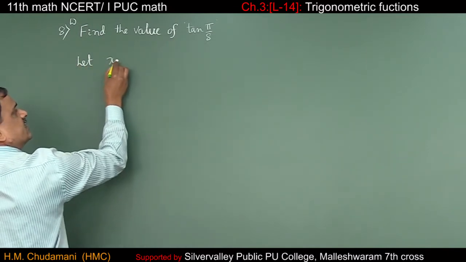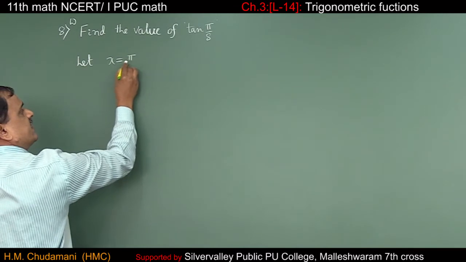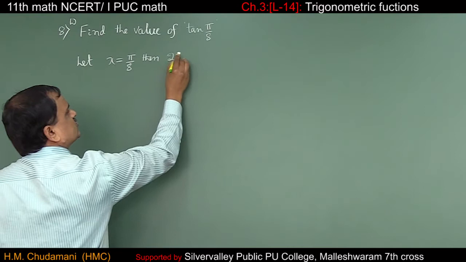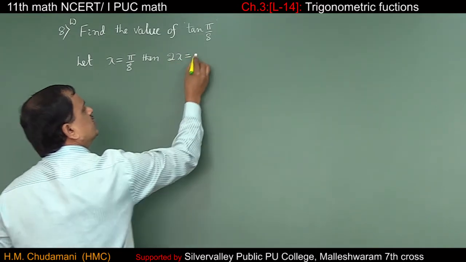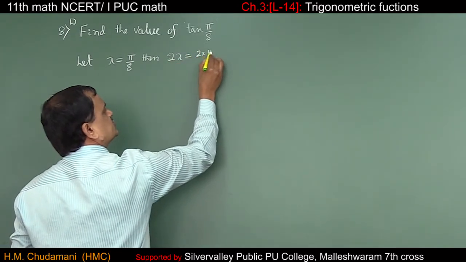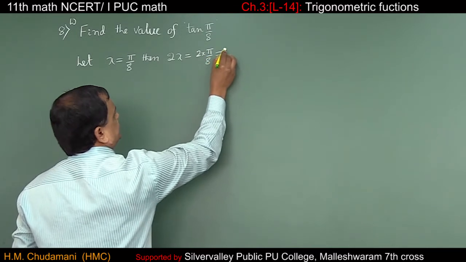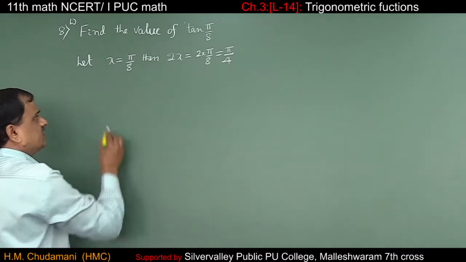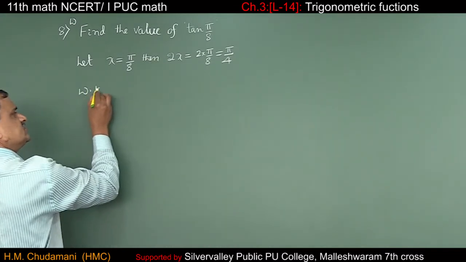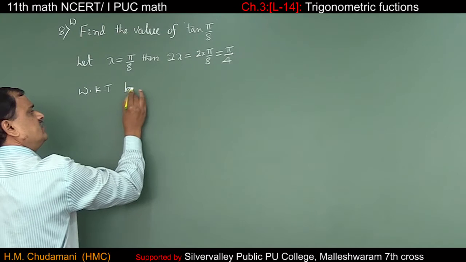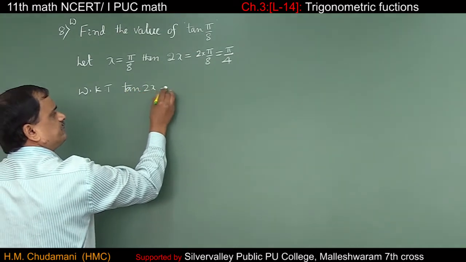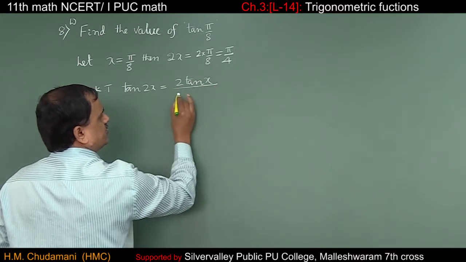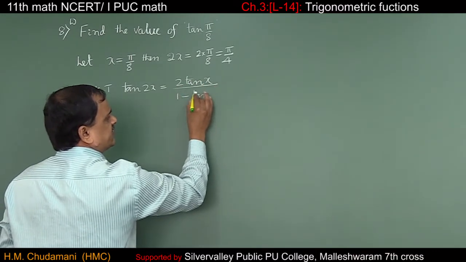Let x is equal to pi by 8. Then what happens to 2x? 2 into pi by 8, which is pi by 4. 2x will be pi by 4. We know that tan 2x is equal to 2 tan x divided by 1 minus tan square x.